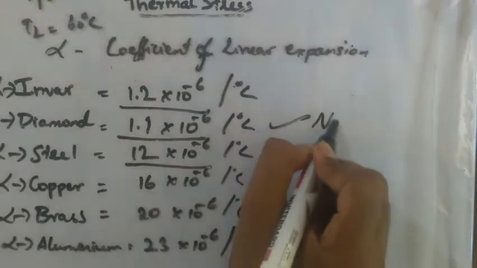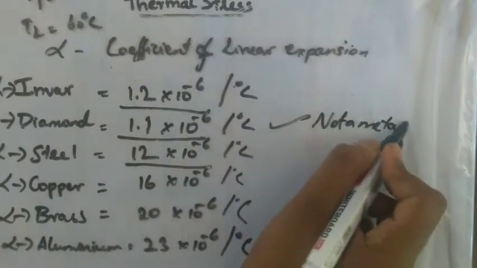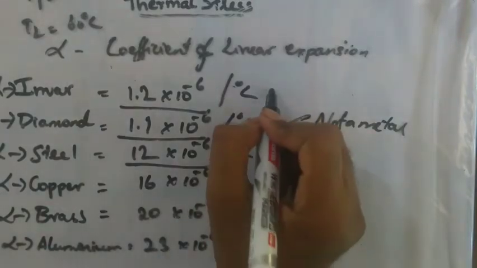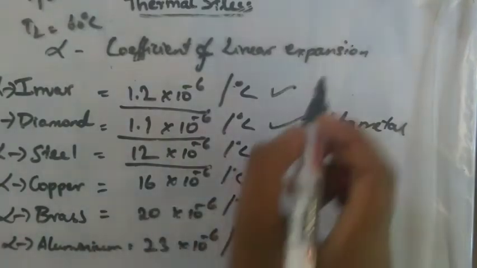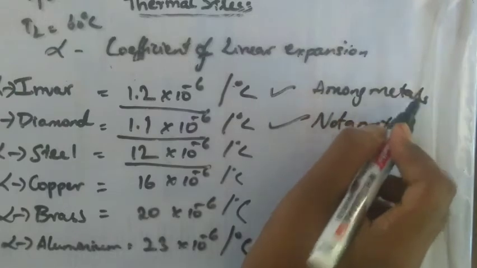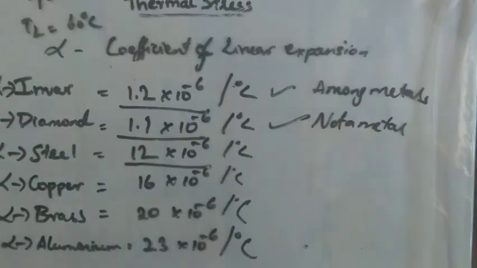Among metals, which has the lowest coefficient of linear expansion? Absolutely invar. Which has the highest? Definitely aluminium. Aluminium has the more coefficient of linear expansion.